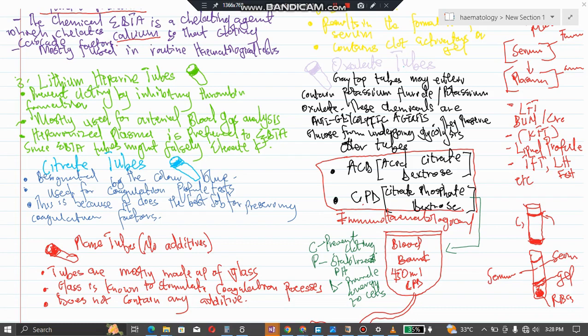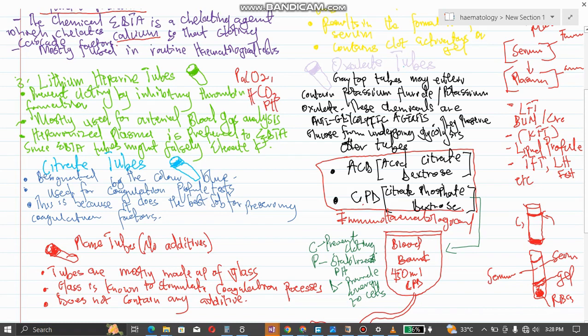So for the arterial blood gases, we have the partial pressure of CO2, we have hydrogen carbonate, and we also have the pH.